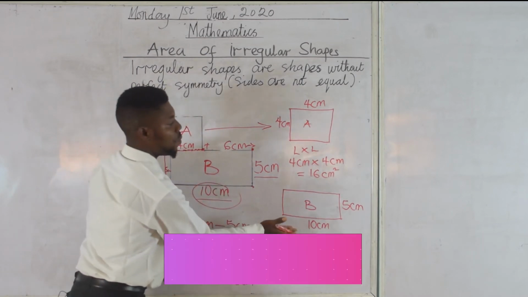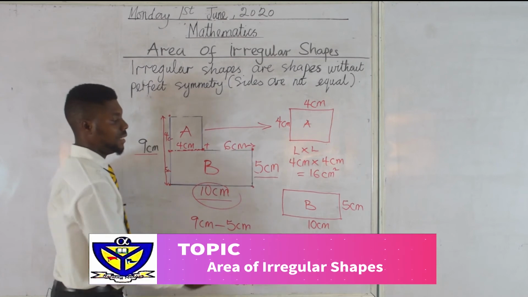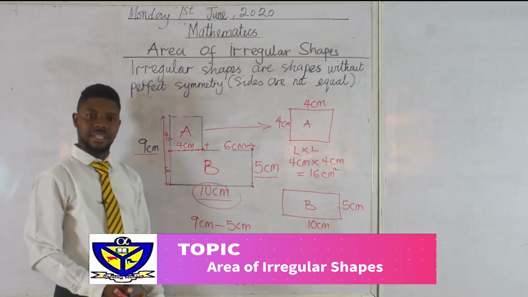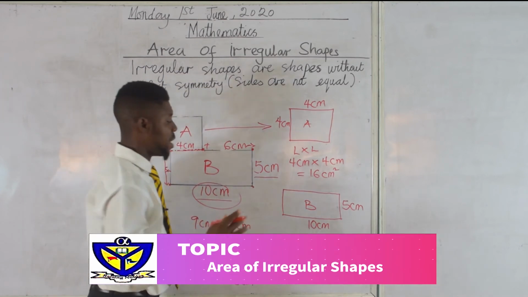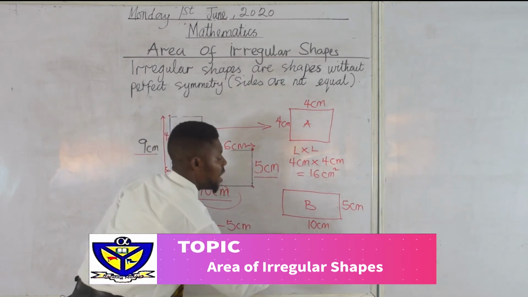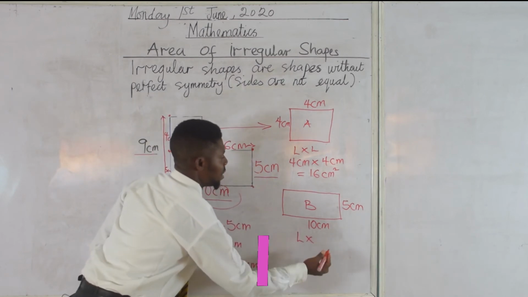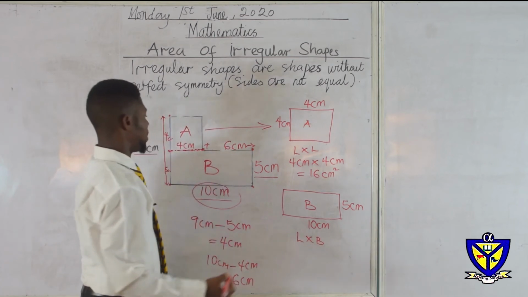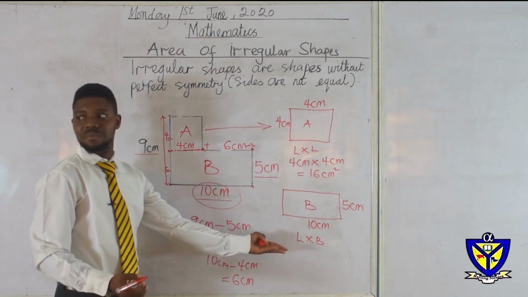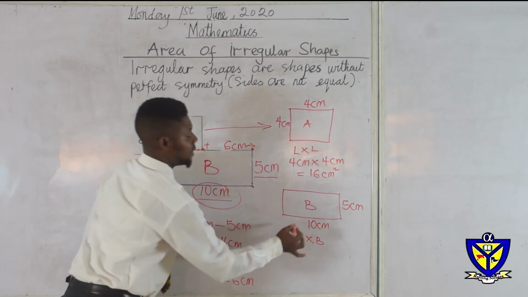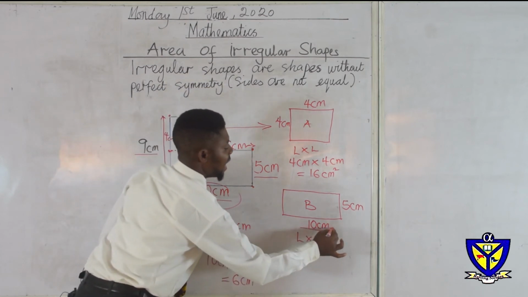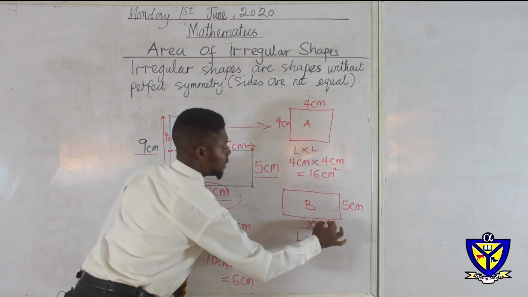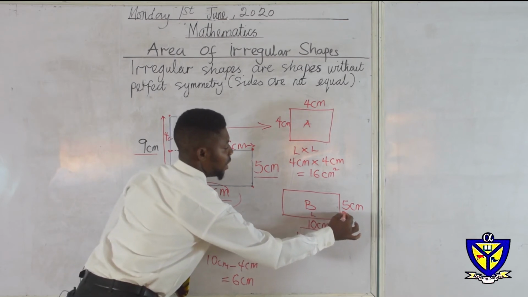And here, what's the formula for finding the area of a rectangle? The formula for finding the area of a rectangle is length times the breadth. Now, since I have length times the breadth there, this is the length, 10 centimeters is the length, and this is the breadth.